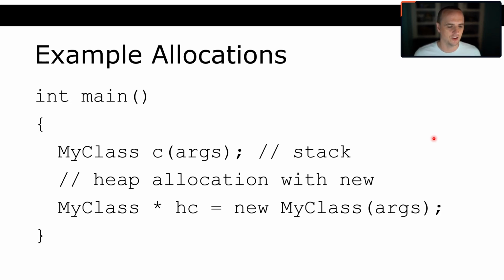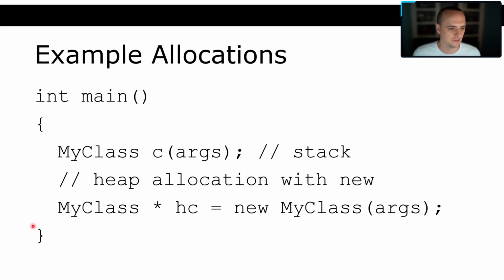The other difference here would be that, as I mentioned before, stack allocated variables get destructed, or removed from memory, when the function that allocated them leaves scope. So with this myClass c, as soon as we exit this function, now it's a main function, so the whole program is going to terminate, but pretend this is some other function.